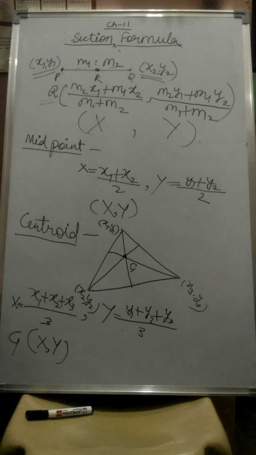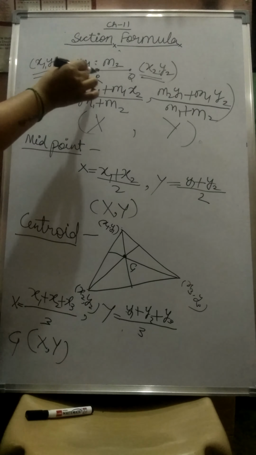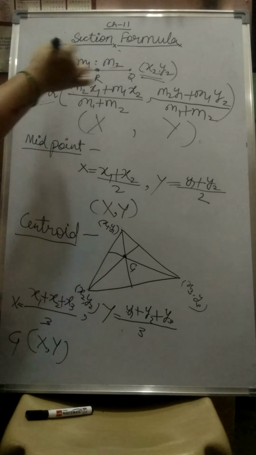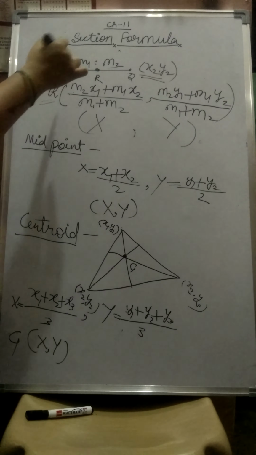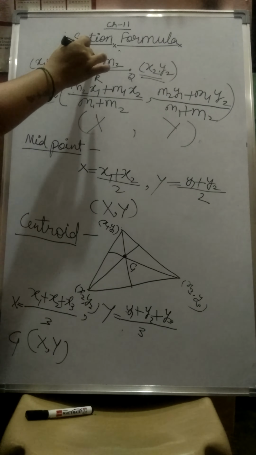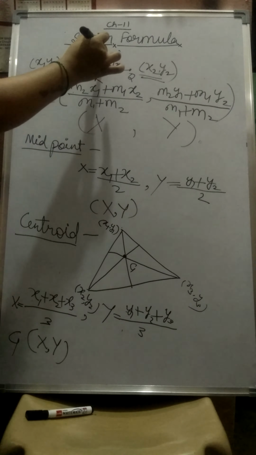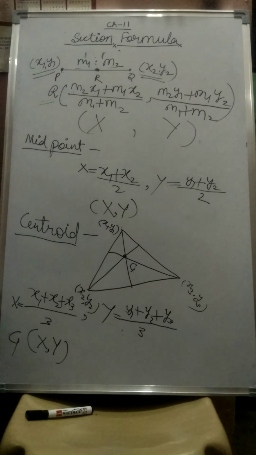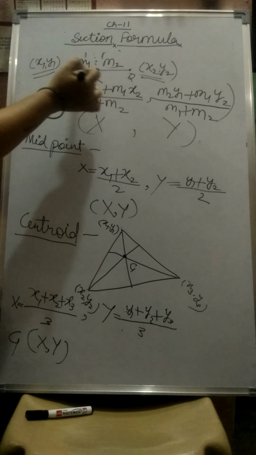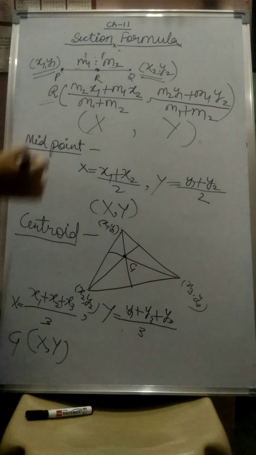Next we have the midpoint. Midpoint means when this point R divides the line PQ into two equal parts, that is, in the ratio 1 to 1. Only in the condition of midpoint do we have equal ratios.